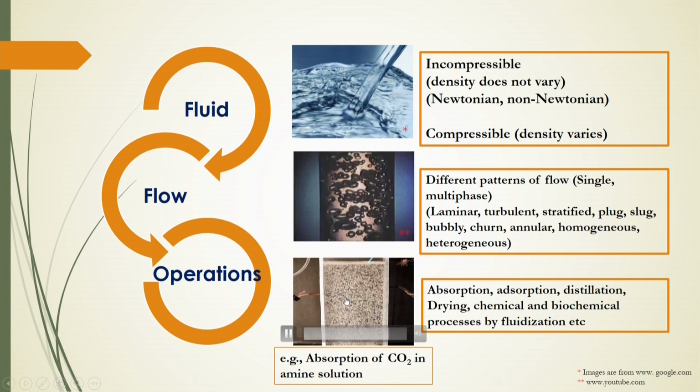The liquid being used is an amine solution. This carbon dioxide gas is being absorbed in the amine solution, or you can use some other solution also. If you use sodium hydroxide solution, then carbon dioxide gas will be absorbed in the sodium hydroxide solution. So, we are using this bubbly flow for this operation of absorption.